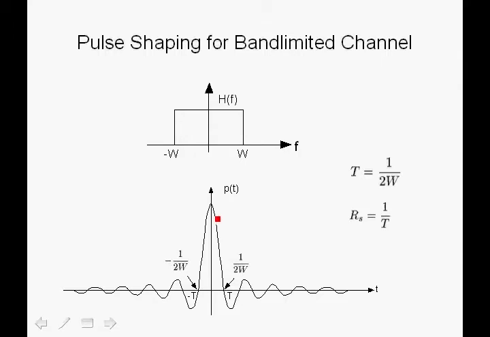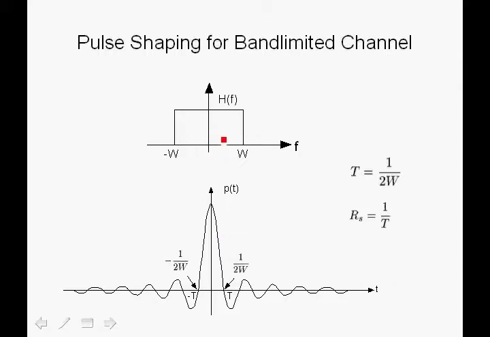And it turns out that this sinc function will have a zero crossing at a point T, capital T, and periodic zero crossings T seconds apart. Also, another property of the sinc function is that since we are limited in the frequency domain, we have a hard limit, this is a rectangle, then due to the nature of the inverse Fourier transform, the signal in the time domain will be unbounded, unlimited.